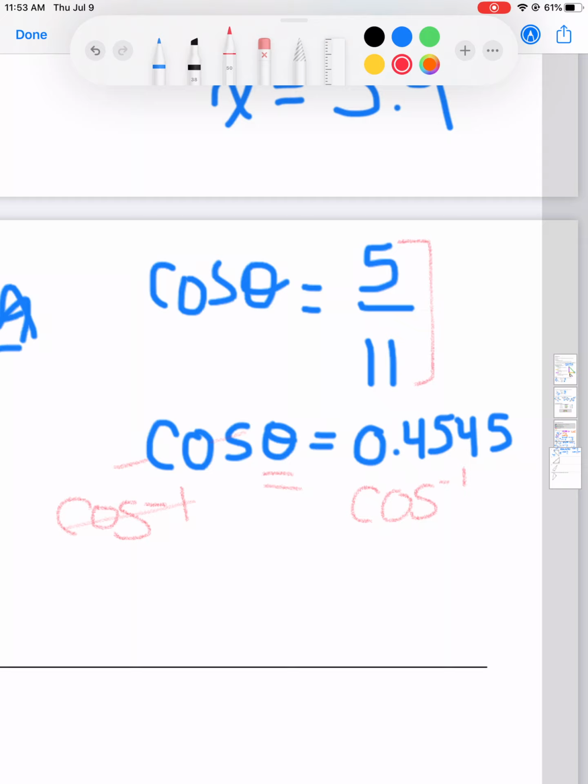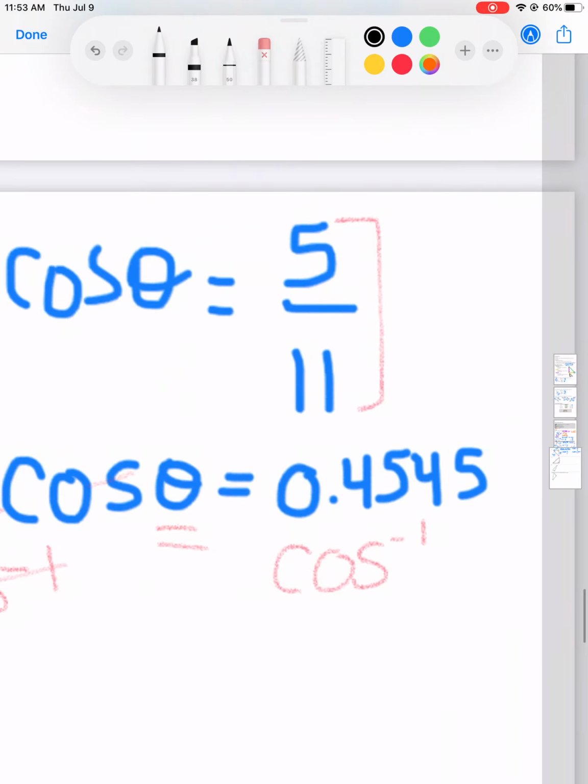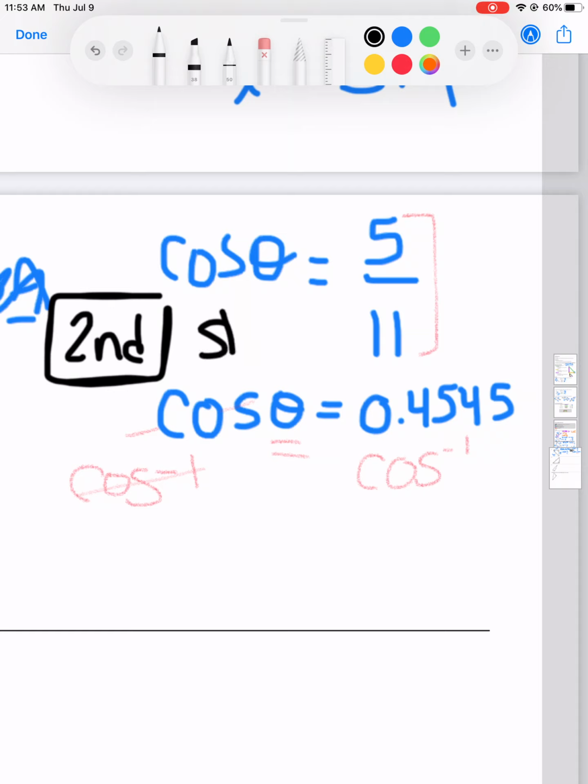So when it comes to your calculators, you might have to press second or shift. I don't know what kind of calculator you guys have. It should be in the top left or right hand corner, one of those two.